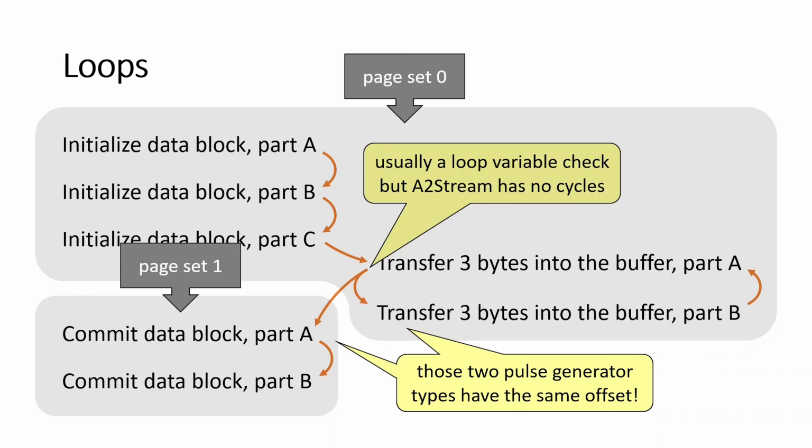So while having values of page set 0, the loop continues, and then having a value of page set 1, the loop is quit. So the program flow here is determined by the data received.